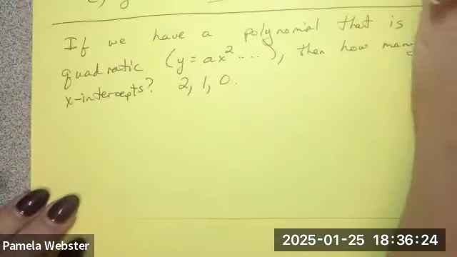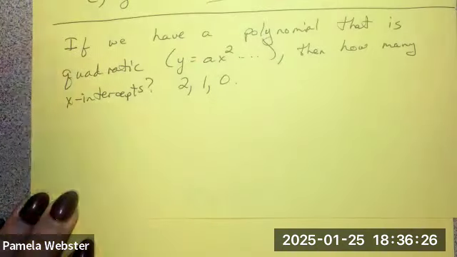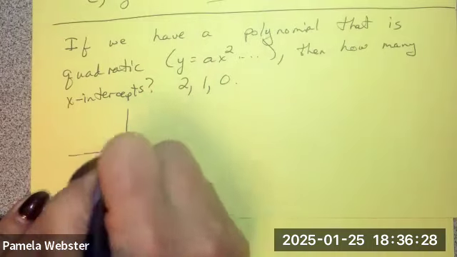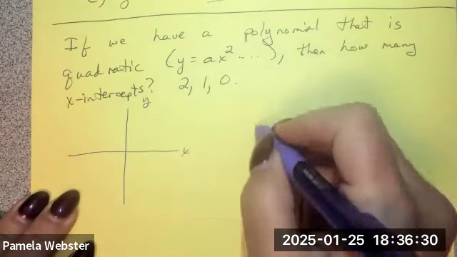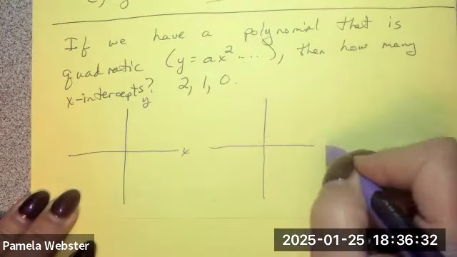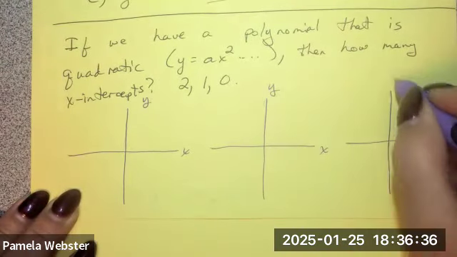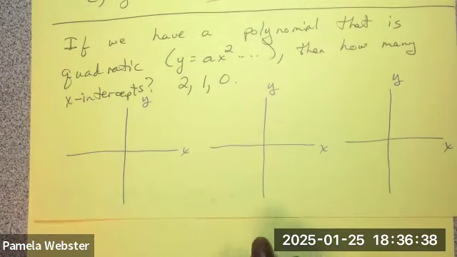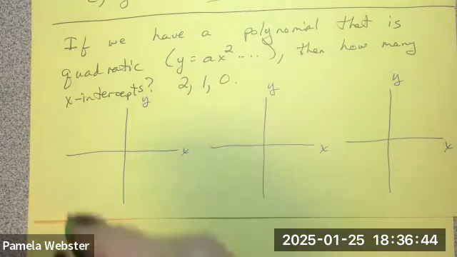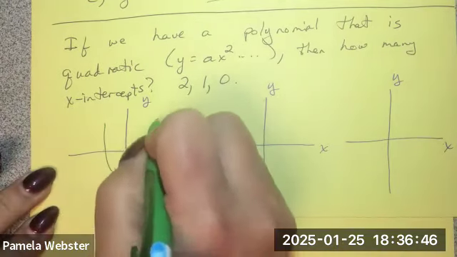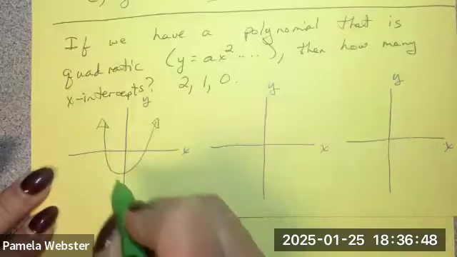So the graphs are going to look something like this. We've got an x and a y, an x and a y, and an x and a y. So you're going to have 3 different graphs, and for quadratics, remember those are parabolas. I'm going to make all these upward-facing parabolas.